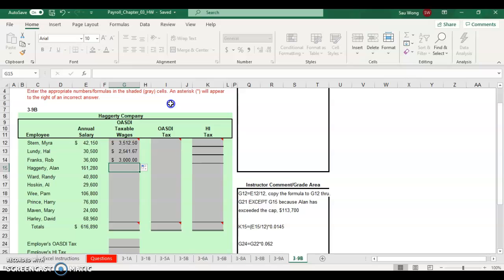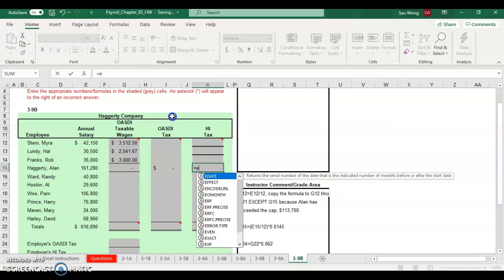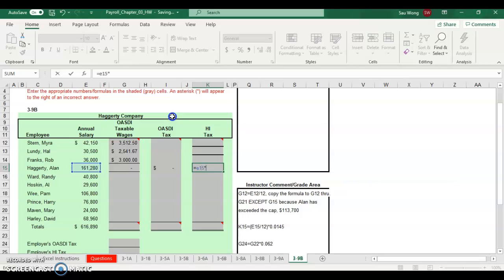He does not have OASDI taxable wages and does not need to pay the OASDI tax too. But then on the HI tax, he needs to pay the HI tax, the Medicare tax. So it will be E15 times 0.0145, 1.45%. Okay.